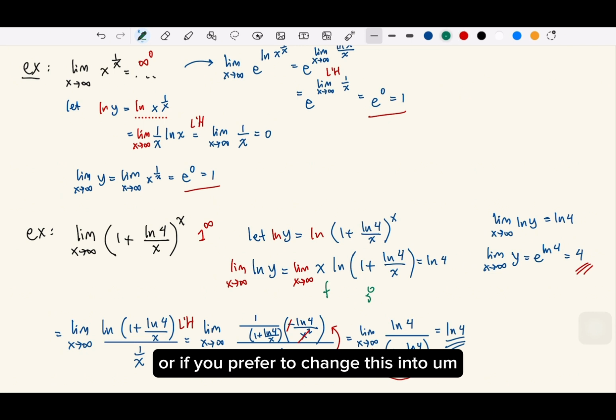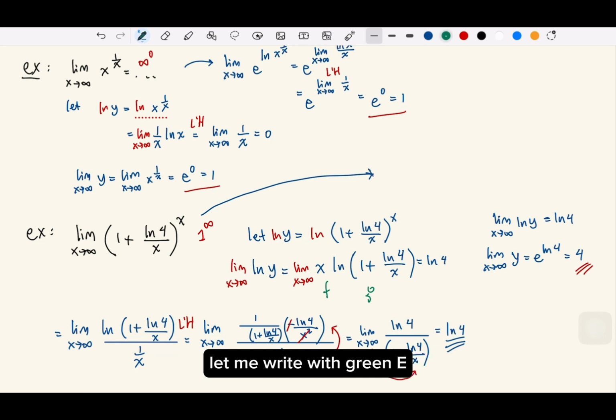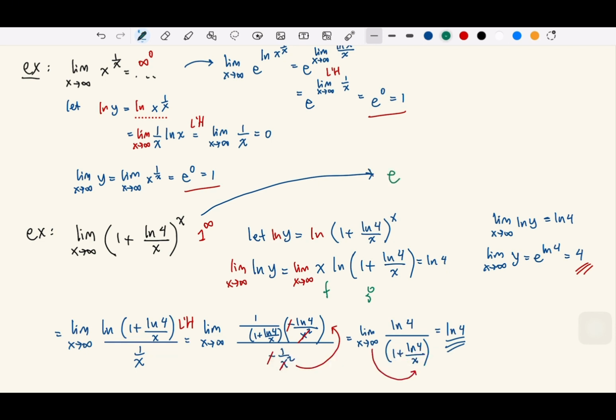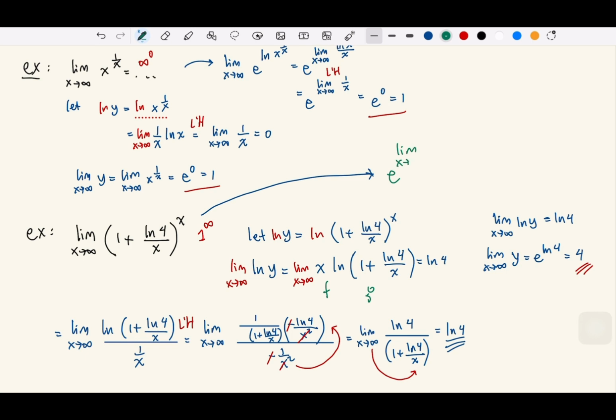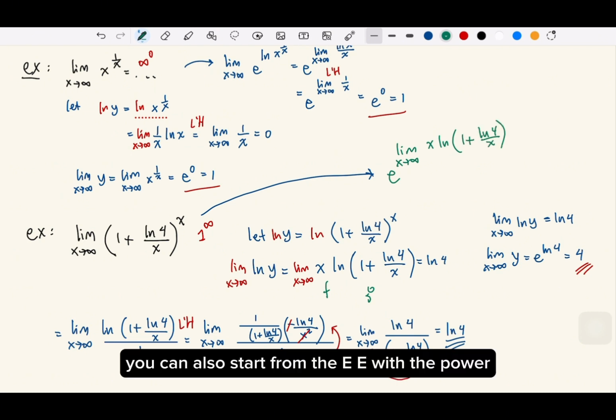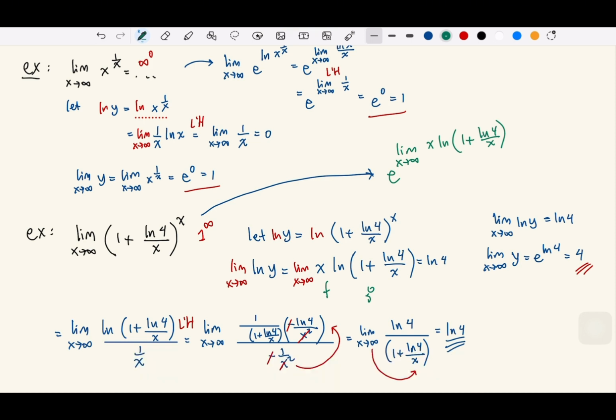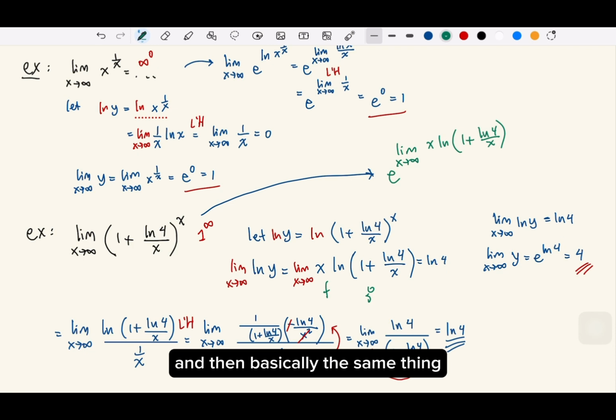Or if you prefer, let me write with green, e, and then we have ln, or let me write the limit. You can also start from the e with that power, and then basically it is the same thing.